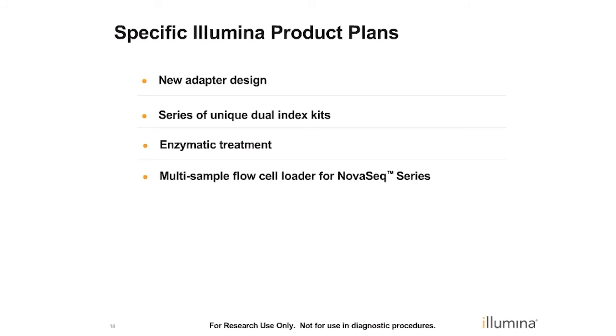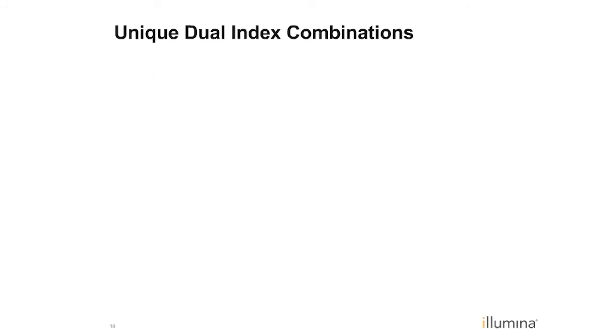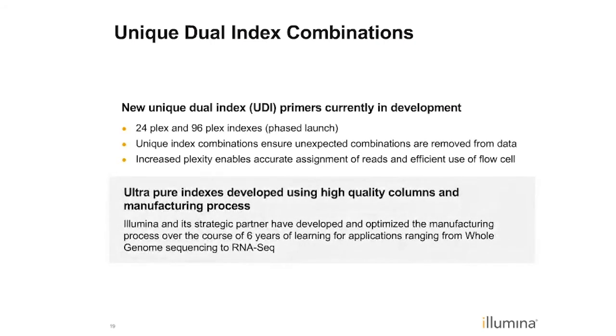So we are motivated to get better indexing and to get the purity of indexing to be as clean as possible. We've been working on new adapter designs, a series of unique dual index kits, some enzymatic treatments that we'll talk about, and we also announced about a week ago that we are in development for a multi-sample flow cell loader for the NovaSeq series.